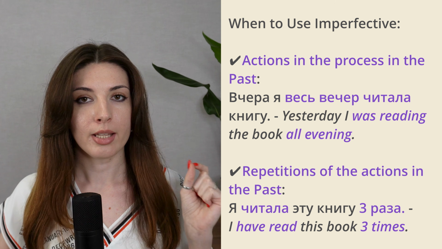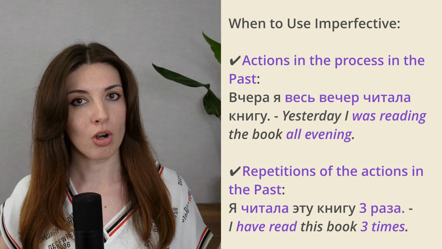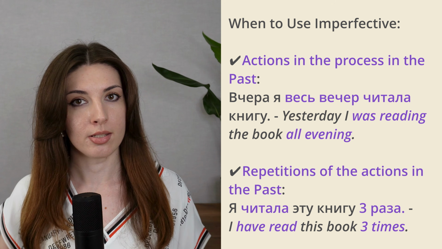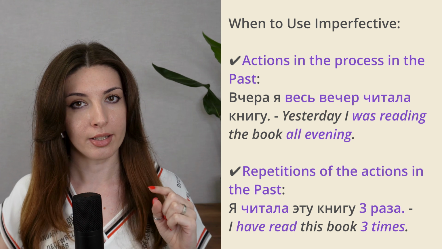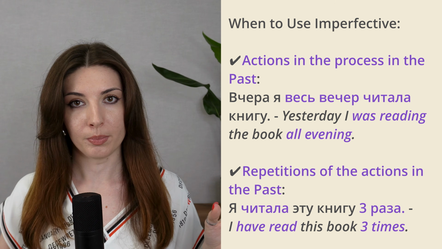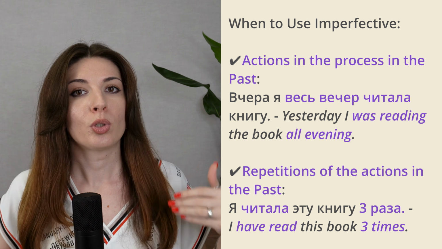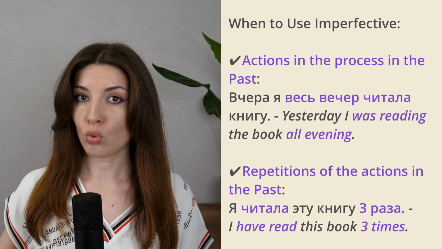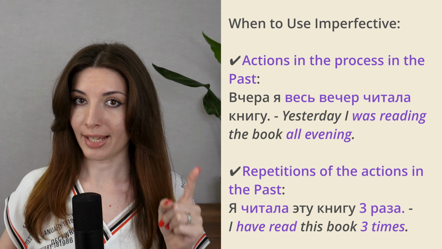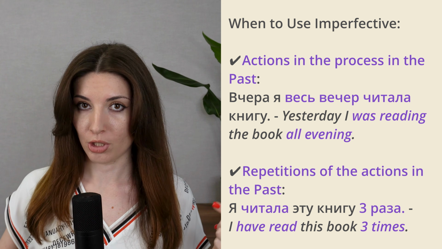Весь вечер implies the period of time. It's a process. It cannot be «Вчера я весь вечер прочитала книгу». It's impossible. Also, imperfective you will use for repetition. Again, я читала эту книгу 3 раза. Читала 3 раза. Repetition of the action.